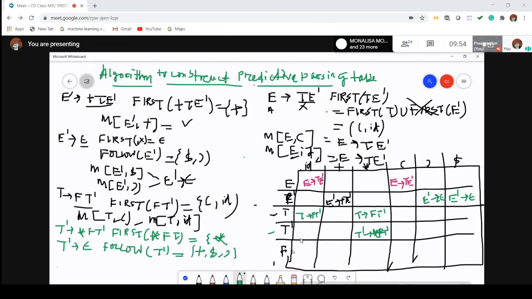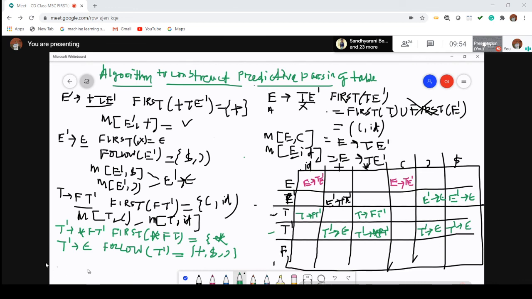So in place of plus, dollar and right parenthesis, I have to put the production T dash to epsilon. This production should be there in all three places.